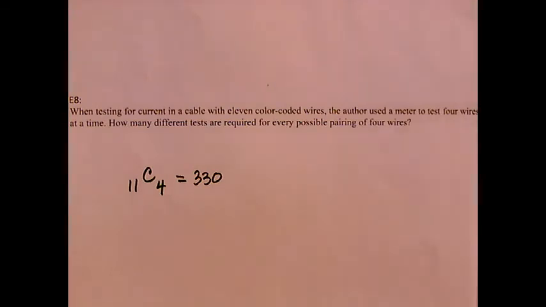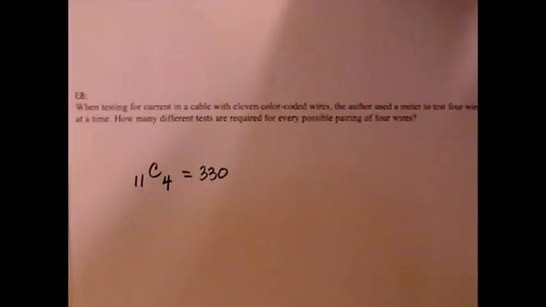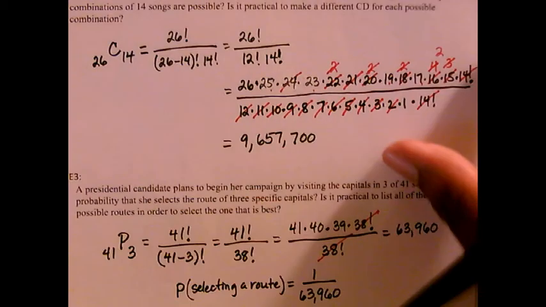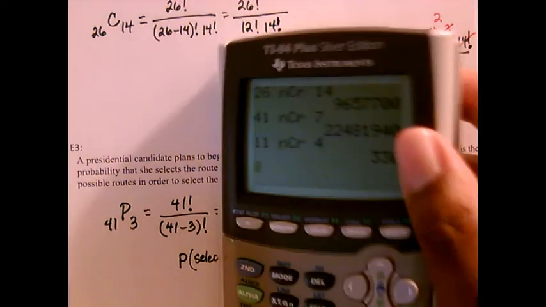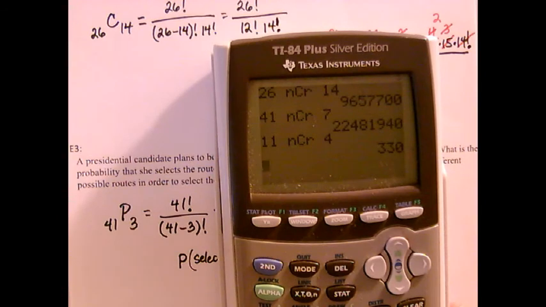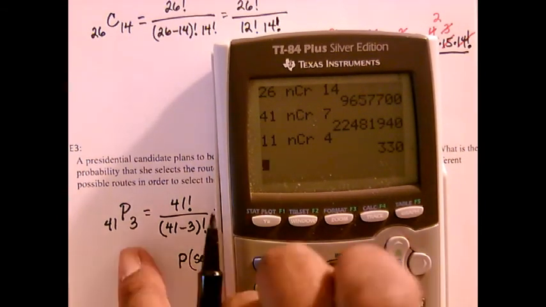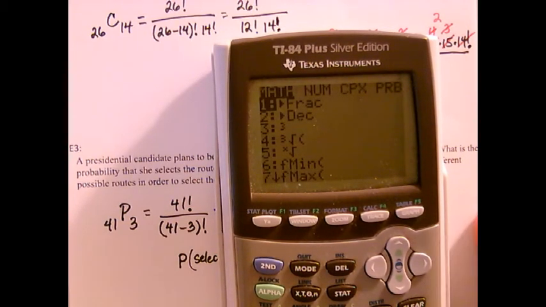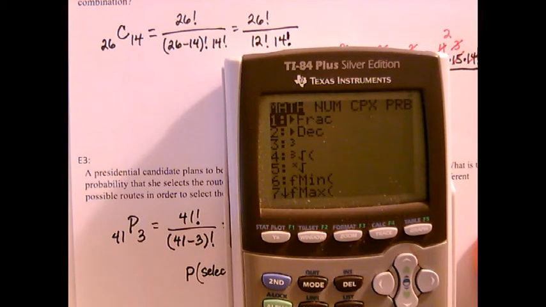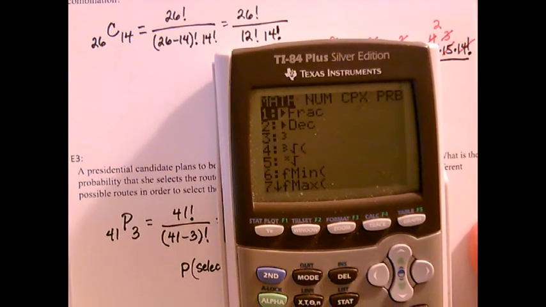Okay, now I do need to go back to one of the permutation problems that I did earlier. And that's this one with the presidential candidate. Instead of using that formula, you can also use that permutation command that's on the calculator. So with that 41P3, you'll type in 41, press the math key, hit your right arrow key to PRB.